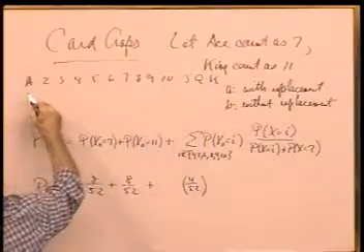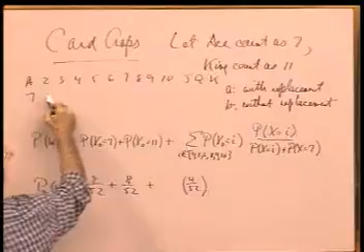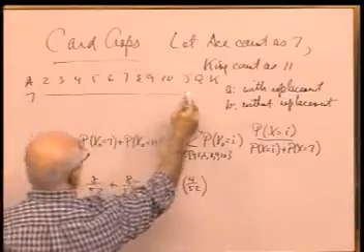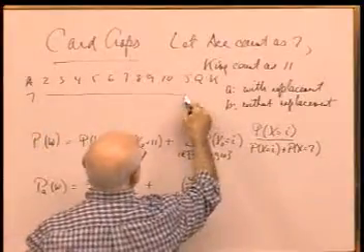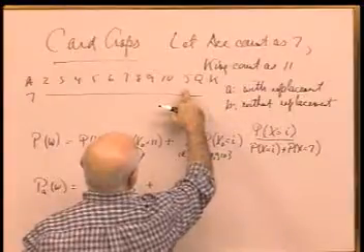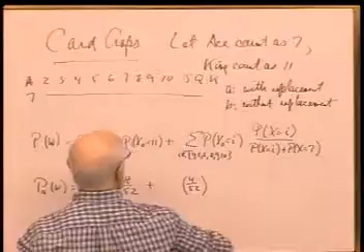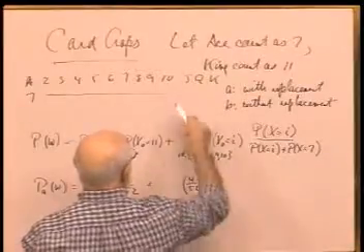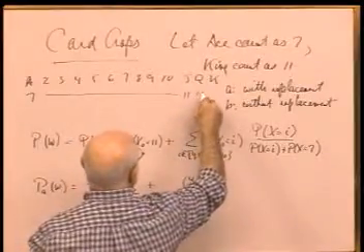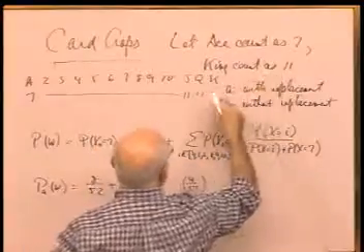Now the ace is going to count as a 7. All these guys are going to be exactly the same. The jack is going to be an 11. The queen is going to be 12, so let me write that. Jack is 11, queen is 12, and the king will be an 11.